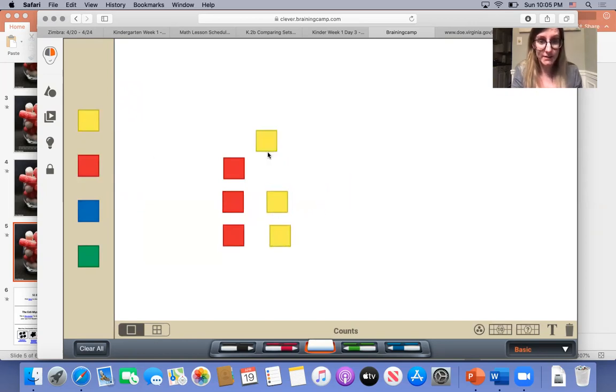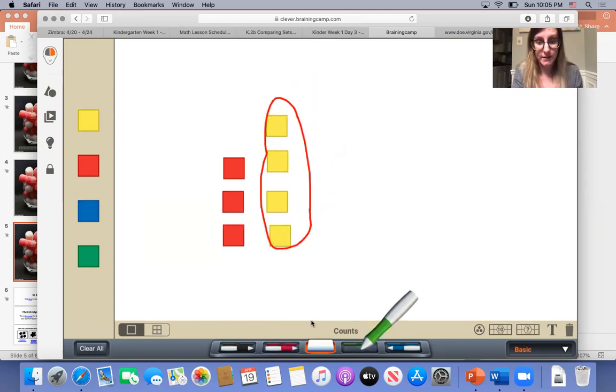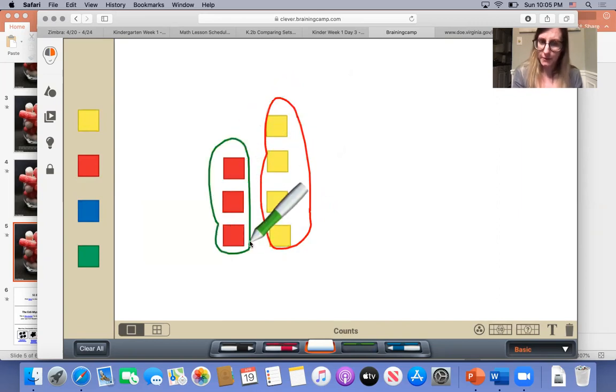So I can still lay these tiles down so that it looks like a tower. And here I see that this one's greater and this one's fewer. So I want you to take a second and play with your tiles or play with your objects, whatever you got to count, and turn them into towers. Can you make some towers?